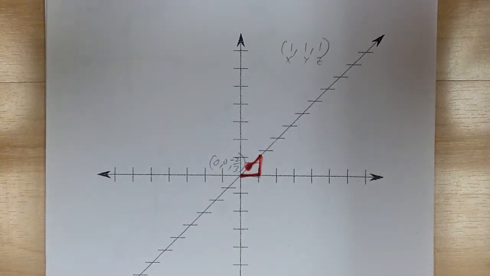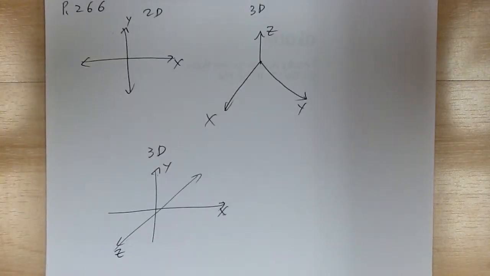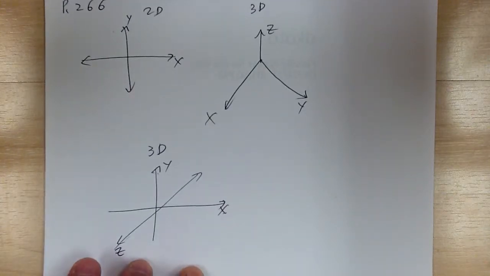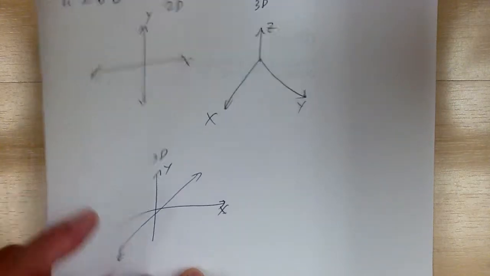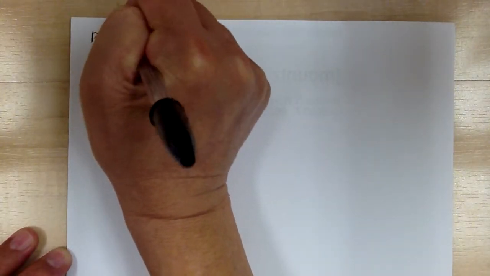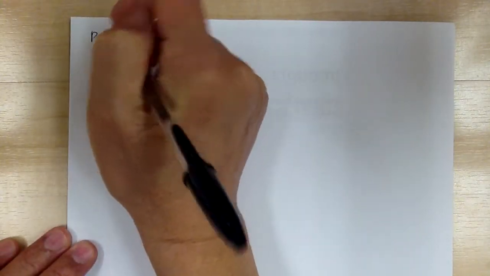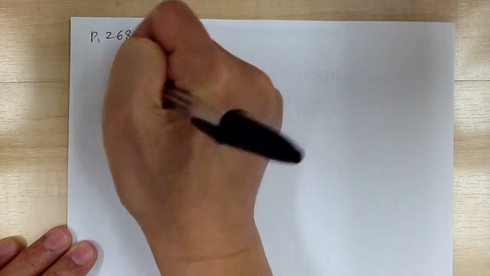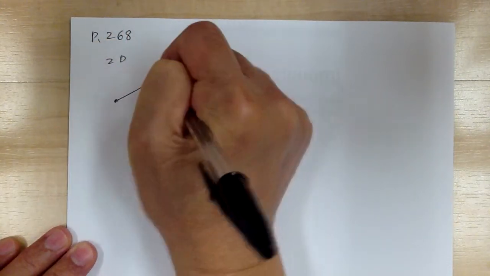Now, the three-dimensional equations to figure out the length and midpoints are very similar to what's in two dimensions. So let's go to page 268. So in two-dimensional, you have 2 points.